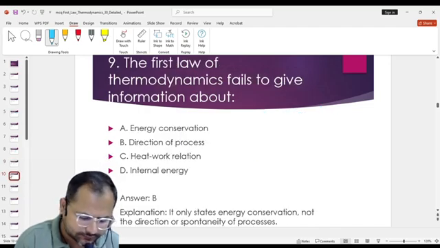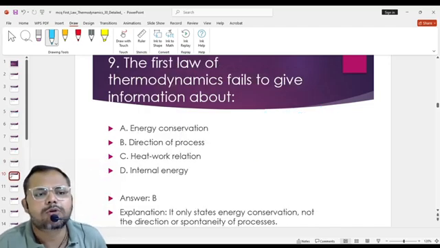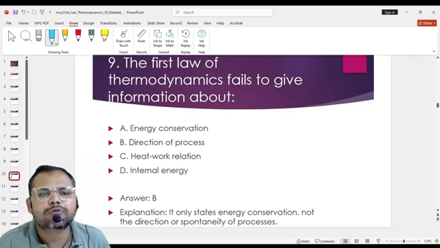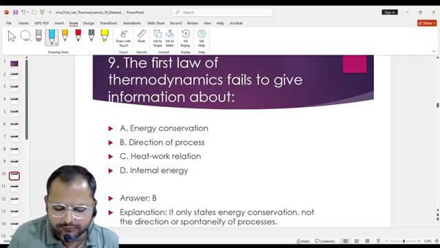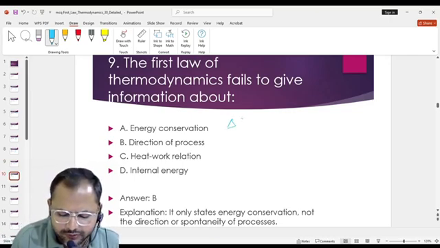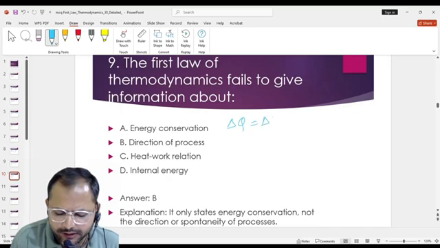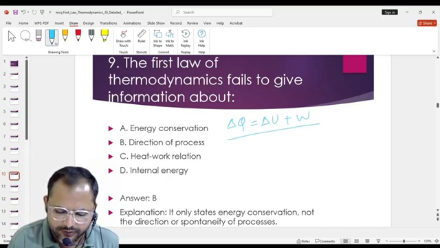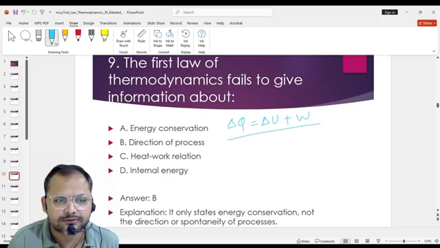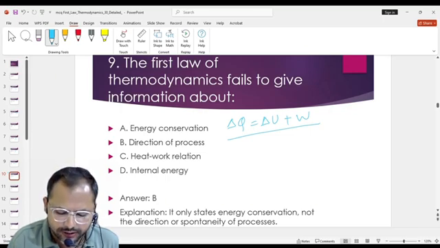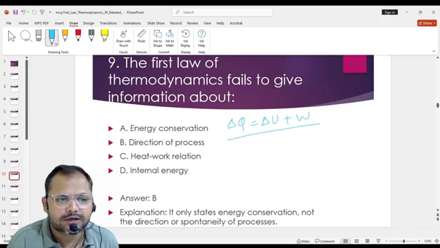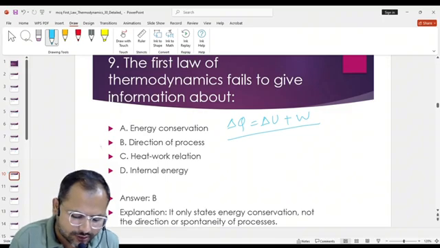Next question. The first law of thermodynamics fails to give information about. The first law of thermodynamics gives, so heat supplied is used to increase internal energy plus work done. It doesn't give any direction. It gives only conservation of energy, but it gives heat work relation, internal energy given, but direction of process not given.